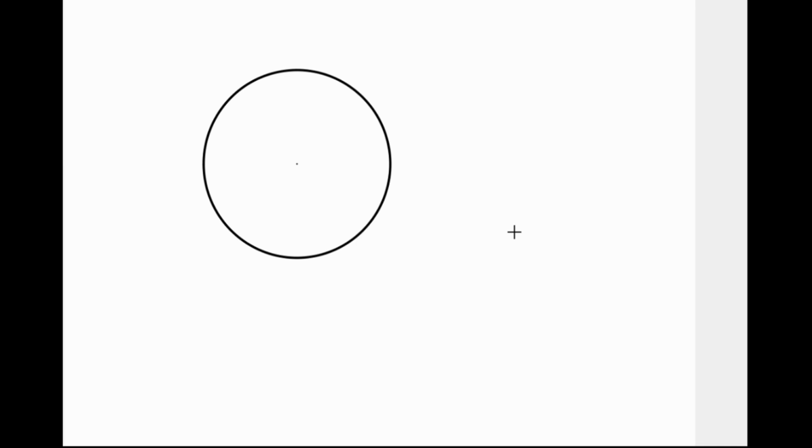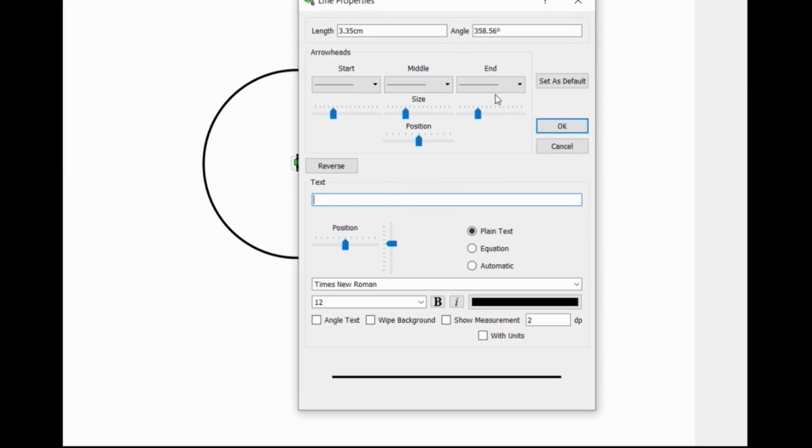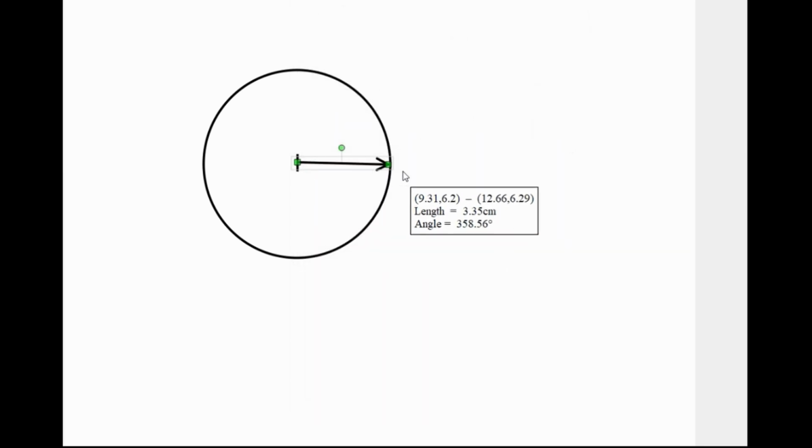Next overview, our friend, the circle. I'm afraid you are just going to have to remember this. That is the center. Let me just put a line through there. Then I'll go from there to there. That is called the radius. And we want an arrow at the end. That is the radius from the center to any point on the edge.